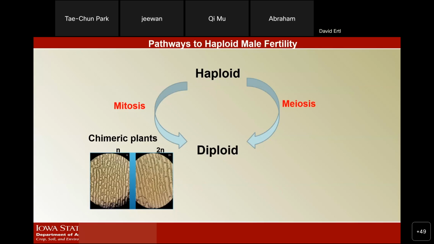What we're observing there is, if you are looking at leaf sections, that is work that Recep Yavuz is doing, that we see already in younger parts of the plant, in leaves, doubling of cells as measured by the size of stomata. And that has been confirmed by flow cytometry.